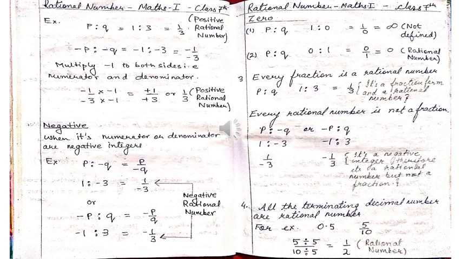Clear? Now for the negative, when its numerator or denominator is a negative integer, p to minus q we can write as p upon minus q. If we assign values, then 1 to minus 3 we can represent as 1 upon minus 3.